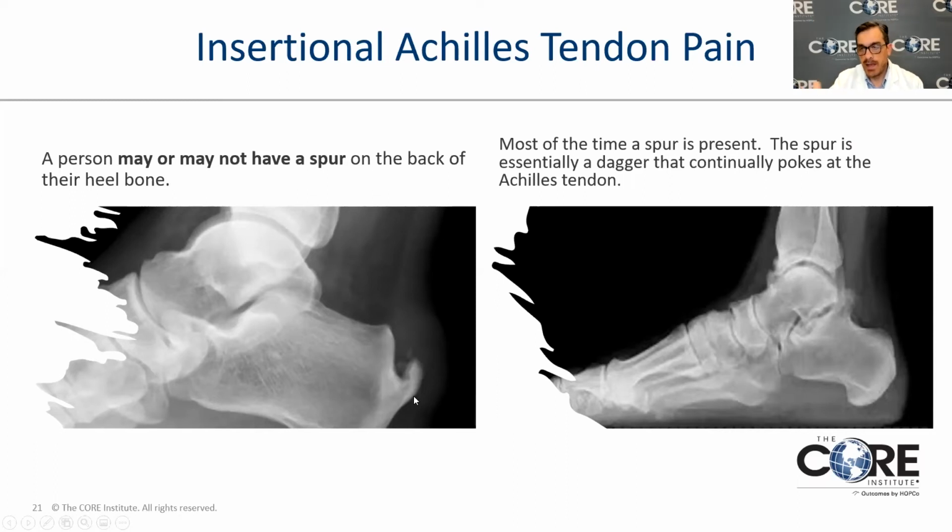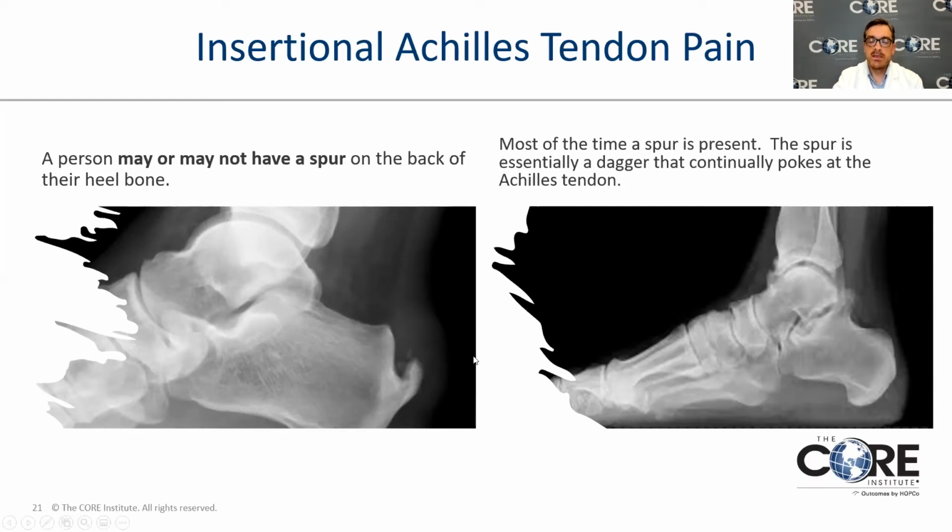So if anybody was on my plantar fasciitis lecture, the presence or absence of a heel spur for plantar fasciitis really doesn't matter, it's the same surgical procedure. For pain on the back of the heel, if a person does end up requiring surgery, it is important to know whether or not a person has a heel spur, because in that case, the heel spur does need to be removed.